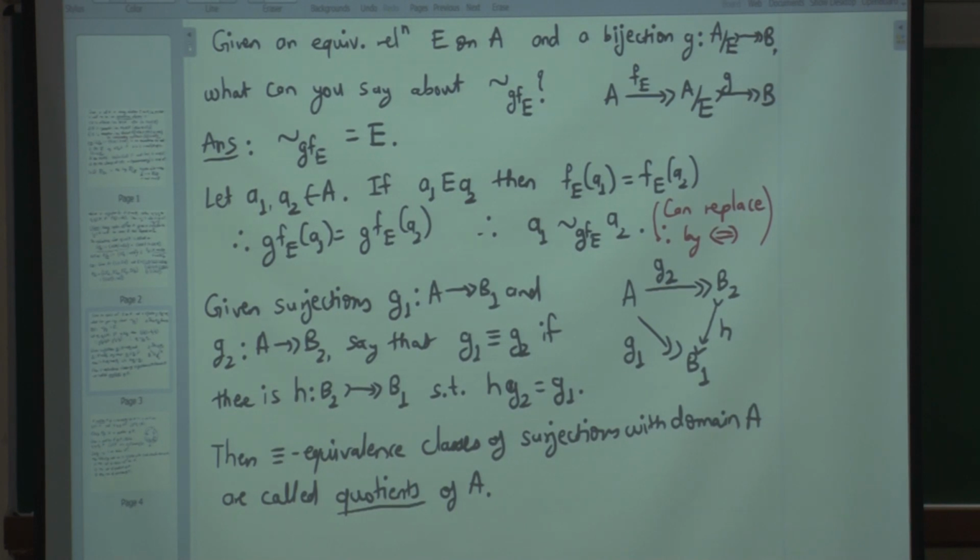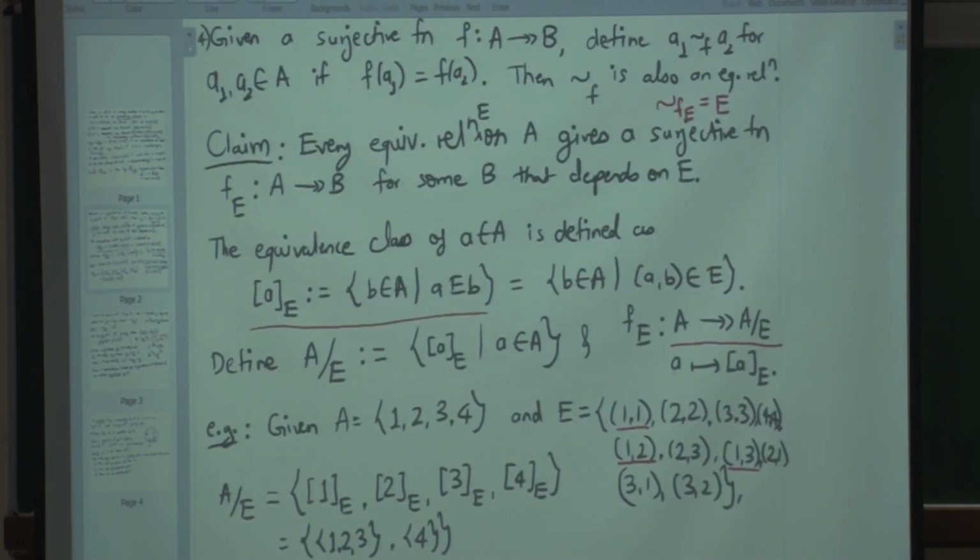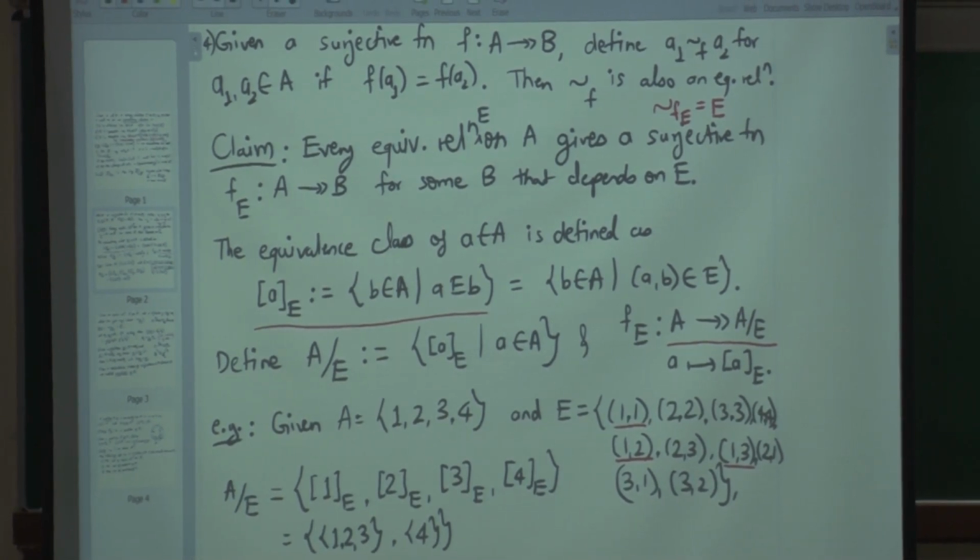So f_E(a1) equals f_E(a2) implies a1 E a2. That is the definition of f_E. Please check. What is f_E? f_E of a is precisely the equivalence class. So two elements have the same equivalence class if and only if they are E-related.